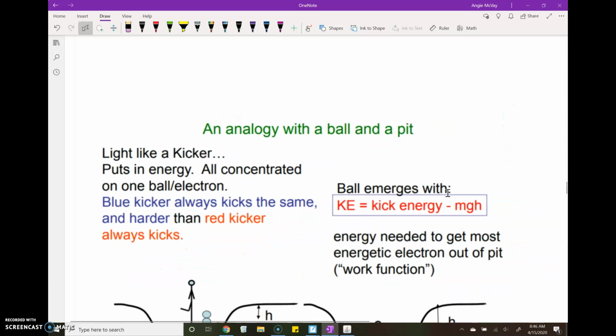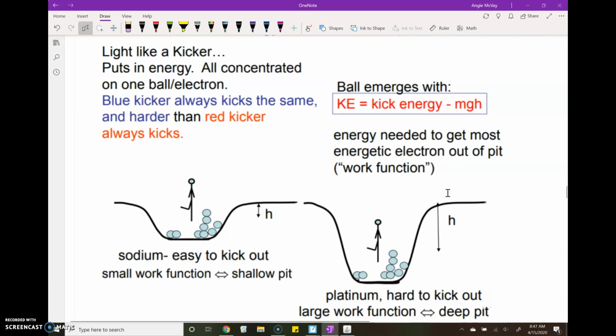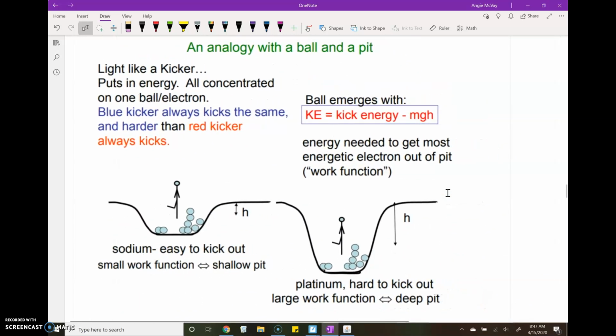I kind of like this analogy, but it's a little bit goofy for some people. A way that we can think about electrons being emitted from a material through the photoelectric effect is like someone standing in a pit, down at the bottom of a hill, trying to kick a ball out of that pit.